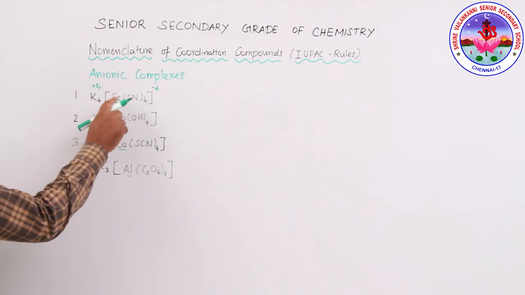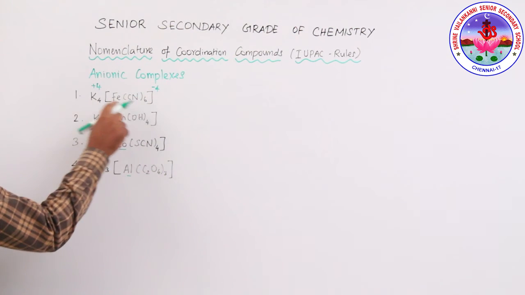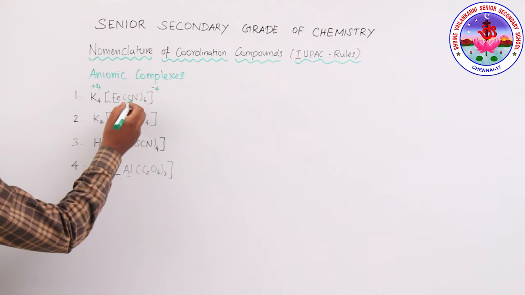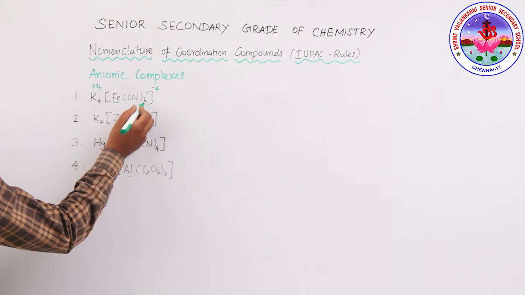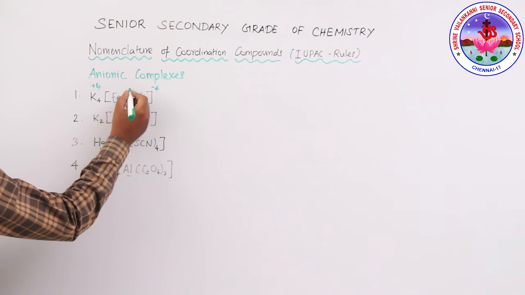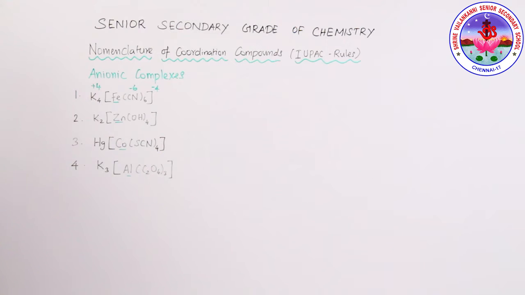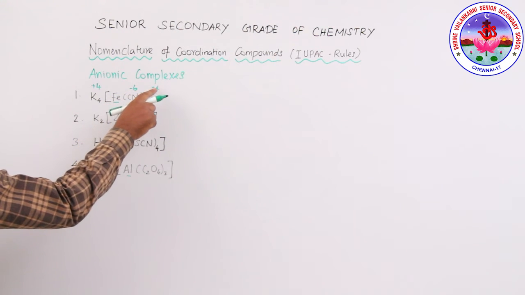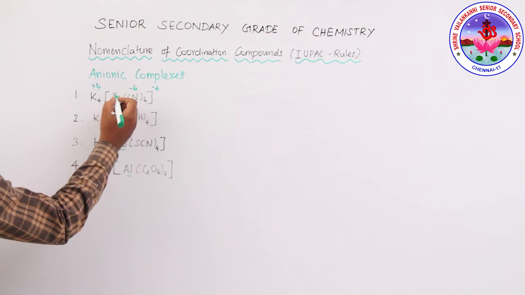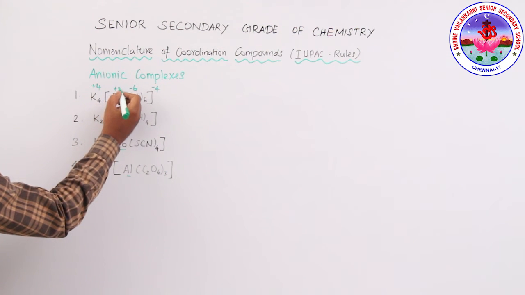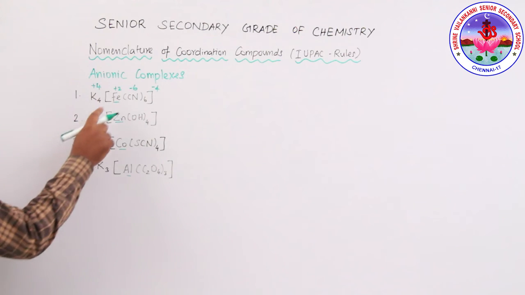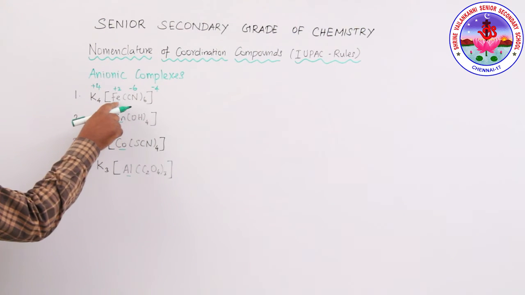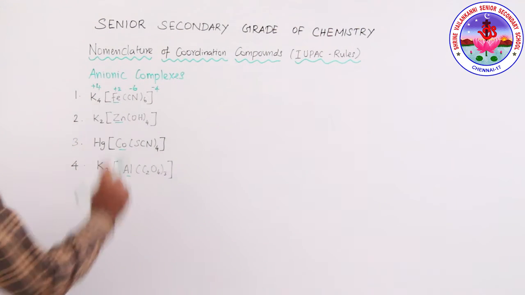Now you have to satisfy the charge inside the complex. Cyanide has -1, times 6 becomes -6. Here we have -6 and this is -4. If I put +2, the charge is satisfied. So the oxidation state of the Fe ion is +2.